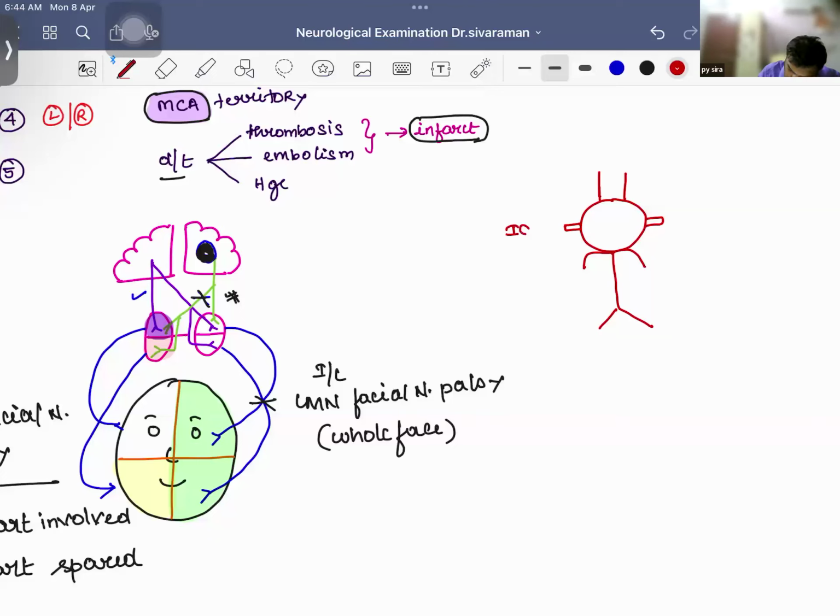This is the internal carotid artery, this is the anterior cerebral artery, this is the posterior cerebral artery, this is the vertebral artery, this is the basilar artery. Now I'm going to superimpose the brain here.